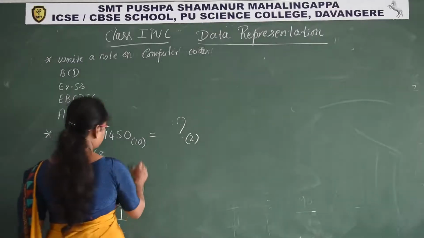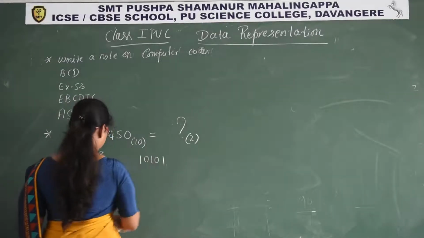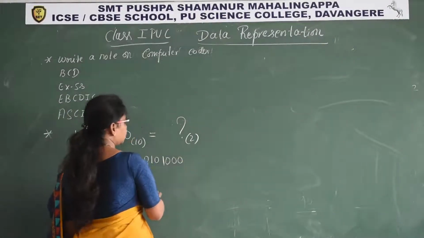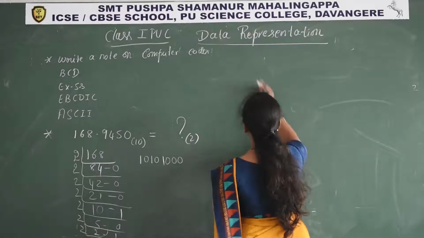So the binary is 10101000. This is the integer part.